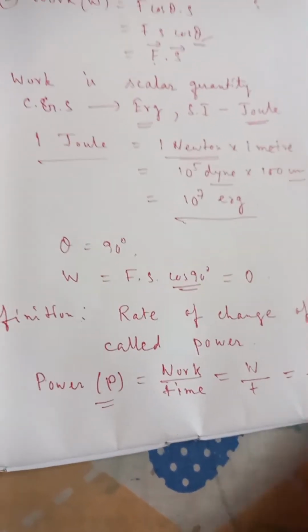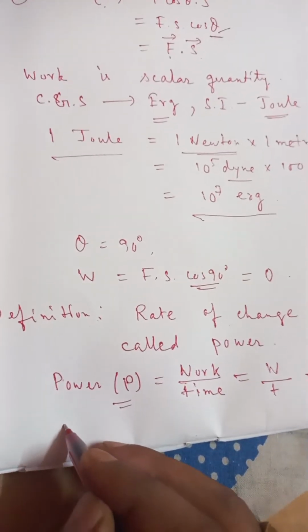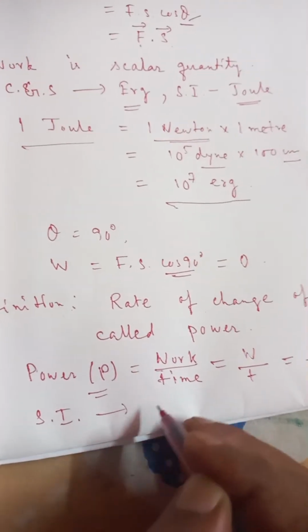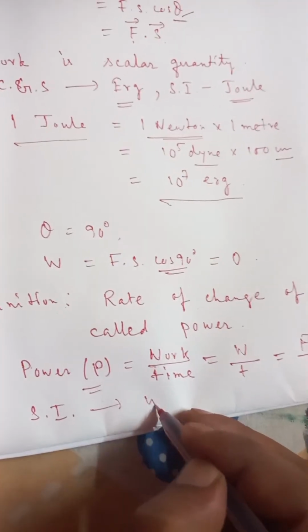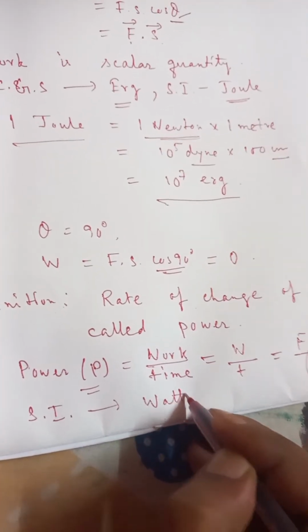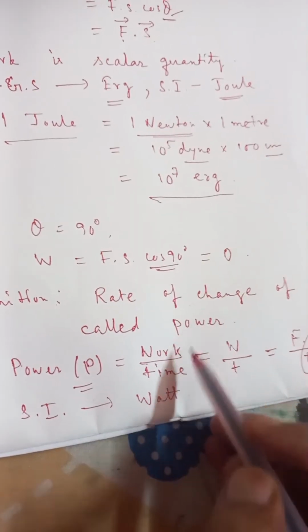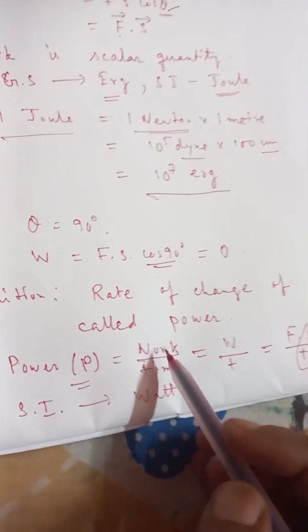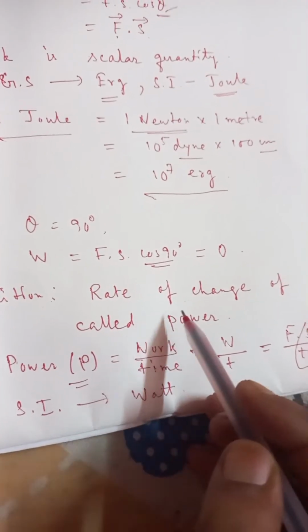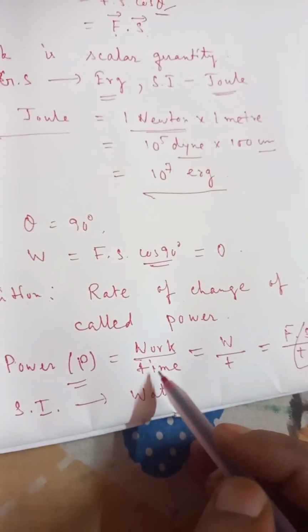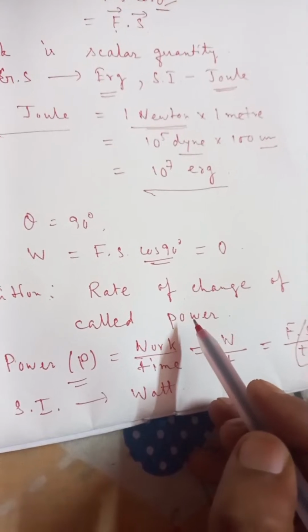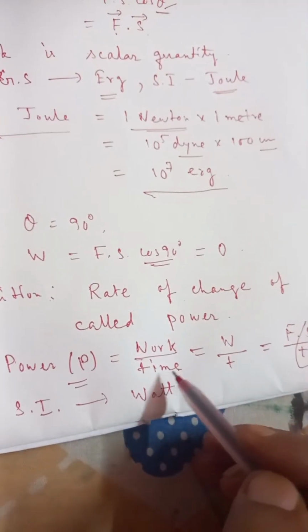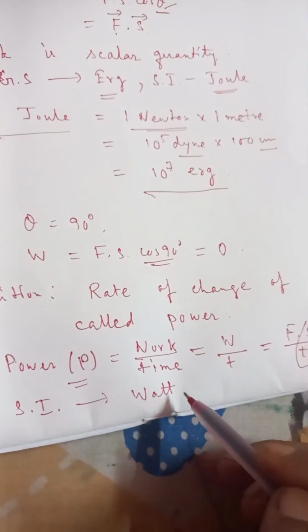Now the SI unit of power is watt. So if any particle or any force does a work of 1 joule in every second, then its power is called watt.